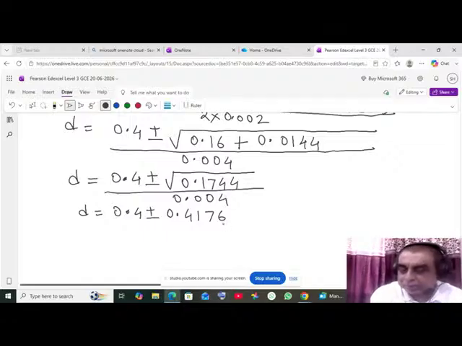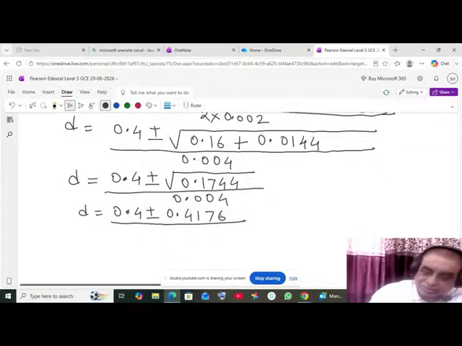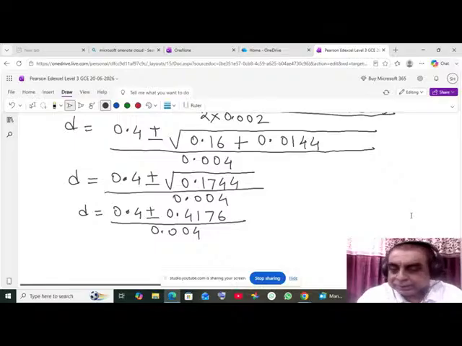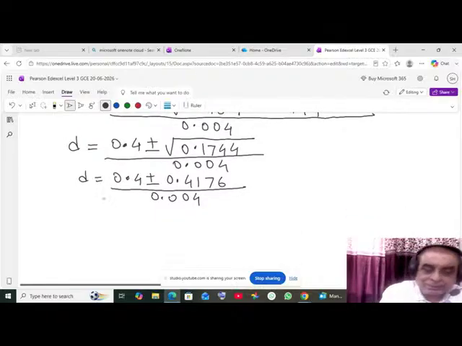The decimal part is not ending, because it is continuing without any ending, so we will round up. Divided by 0.004.